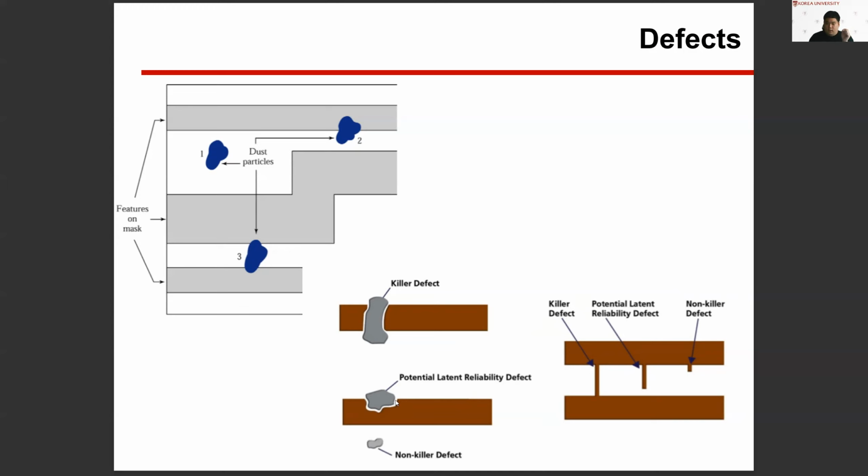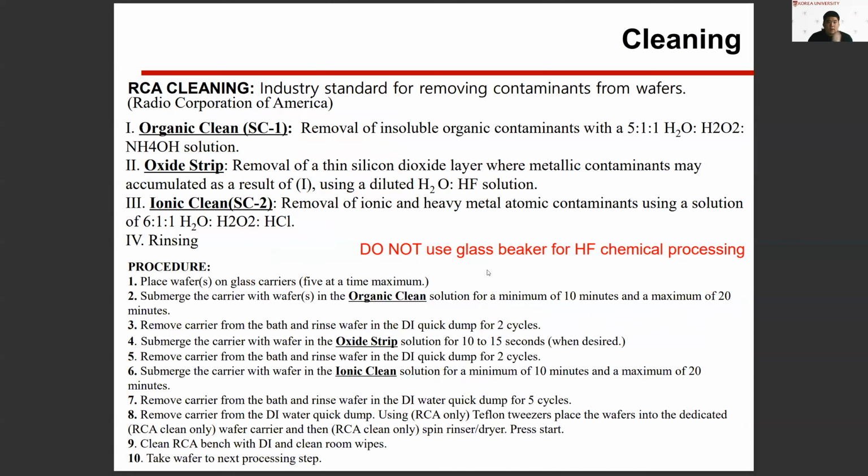If the defect is a little bit on the device, it is a potential defect that can make the device last shorter. And if the defect covers an entire line or device, or shorts the devices, it is a killer defect that kills the device itself.